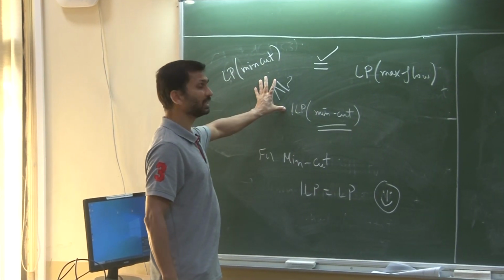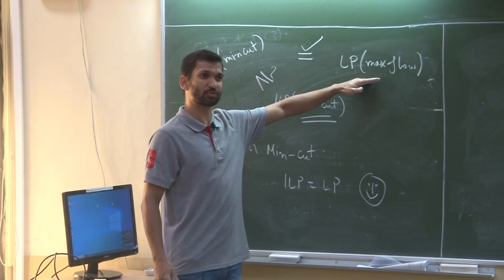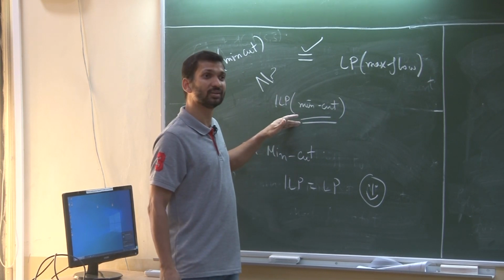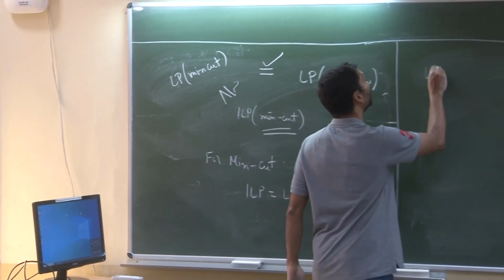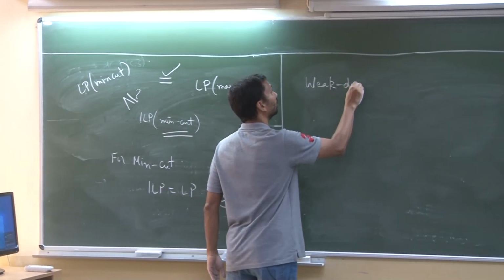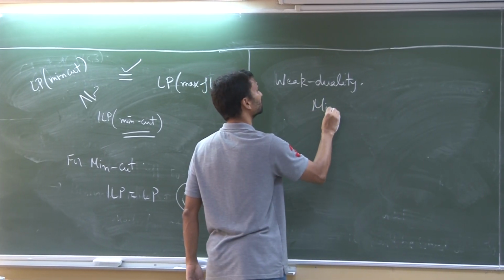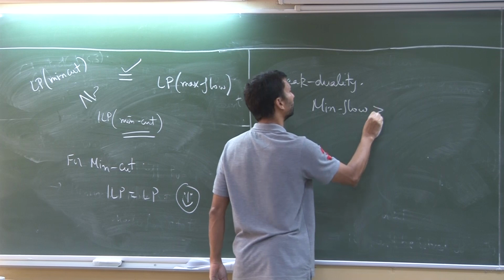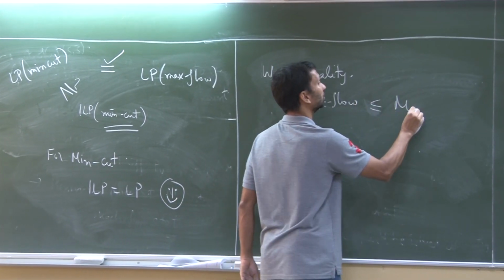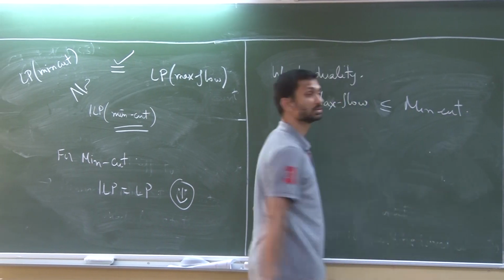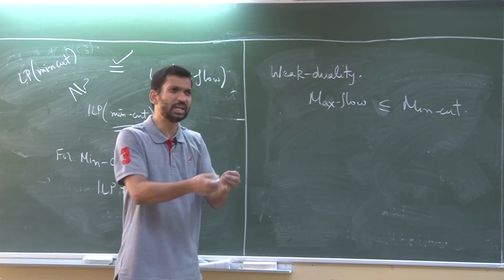Even if we didn't know anything about this, it tells us that max flow is less than or equal to min cut, right? And this is a proof of a very intuitive thing.